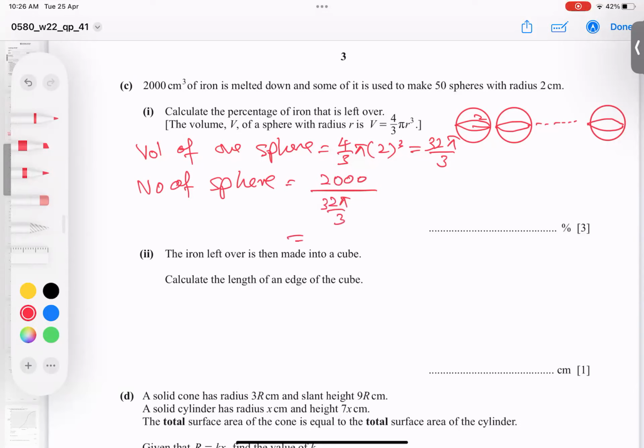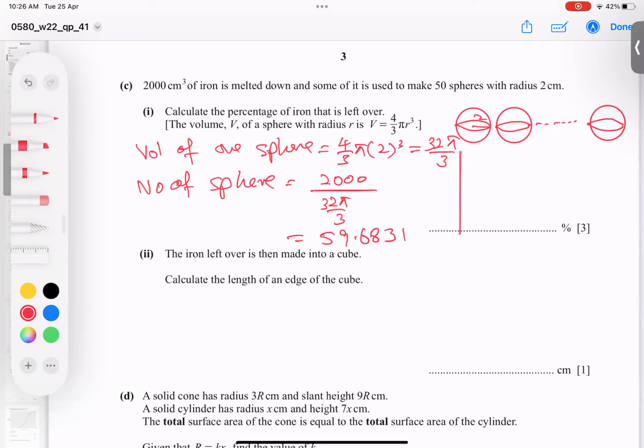I will come to know 2000 divided by this answer, so 59.68331. So 59 complete spheres I can make, but this part is left behind.